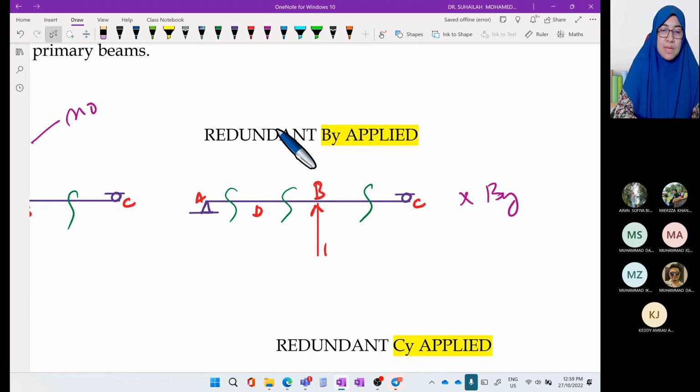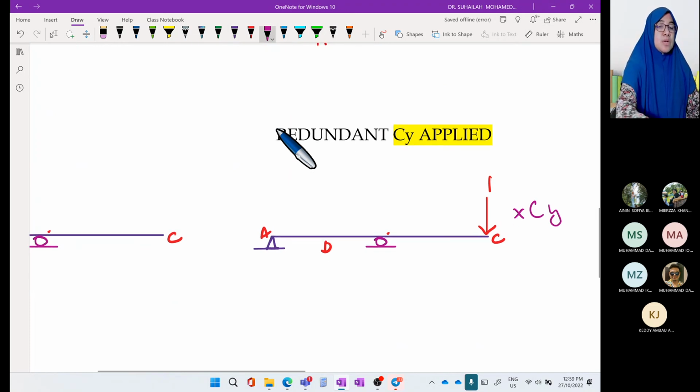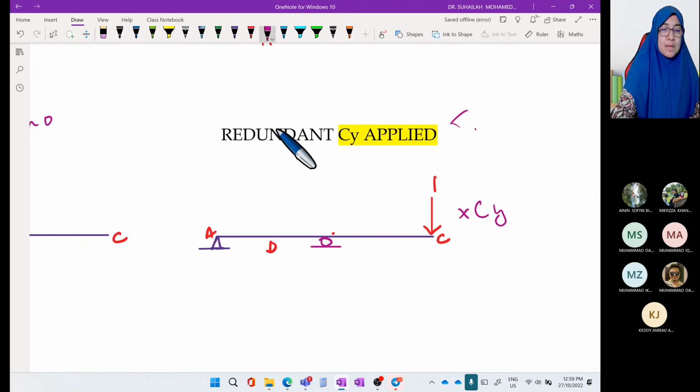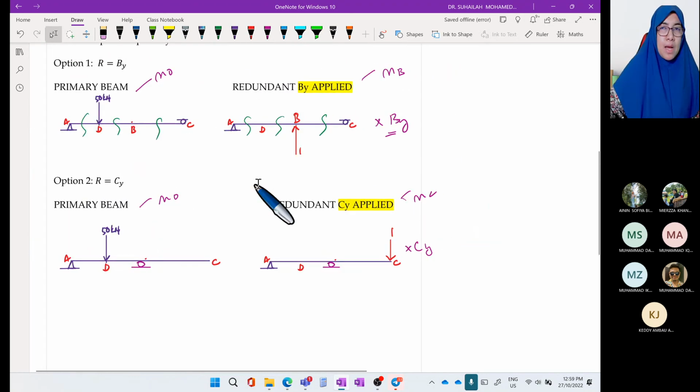And for the redundant beam, we use the symbol B. This is M B. If you choose the one below, this will become M naught and this will become M T. Then continue like yesterday.